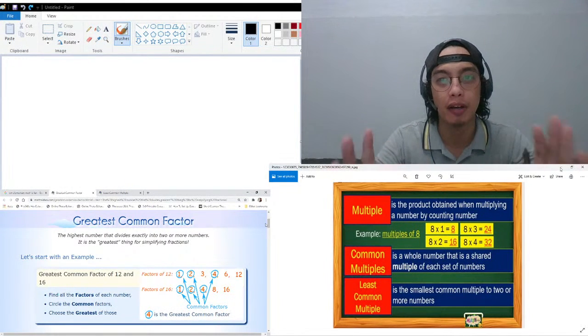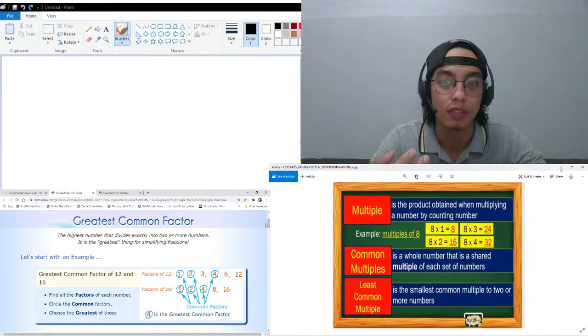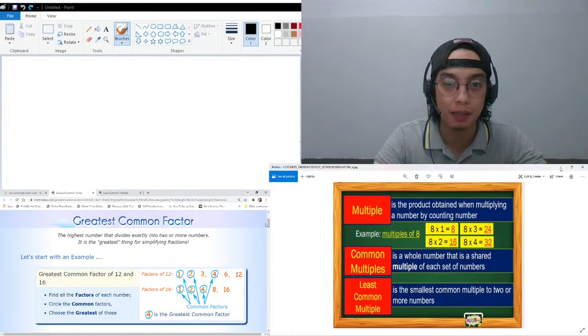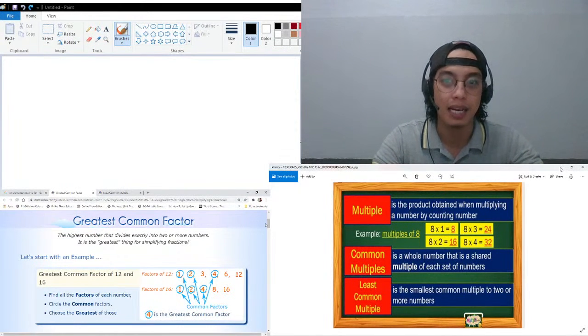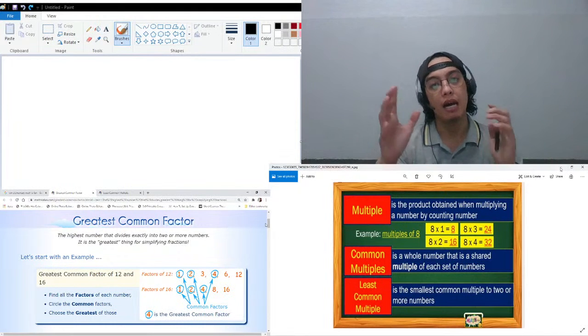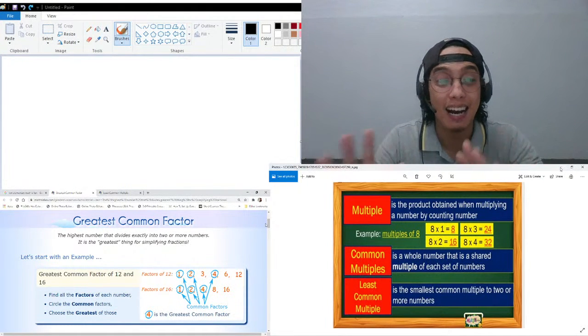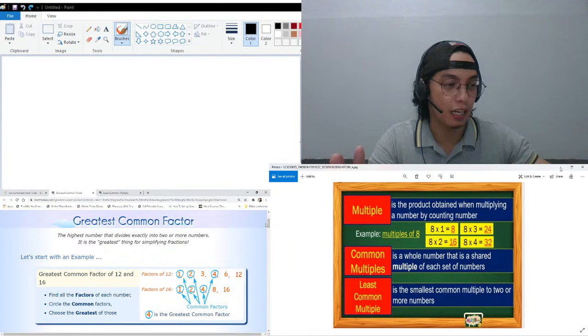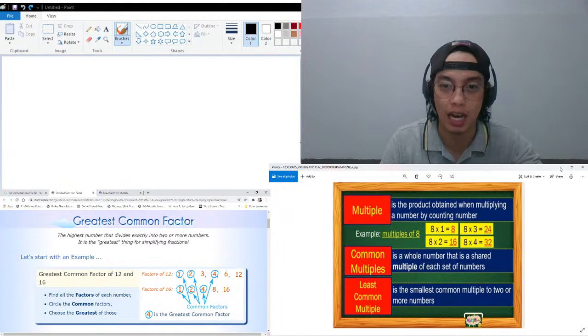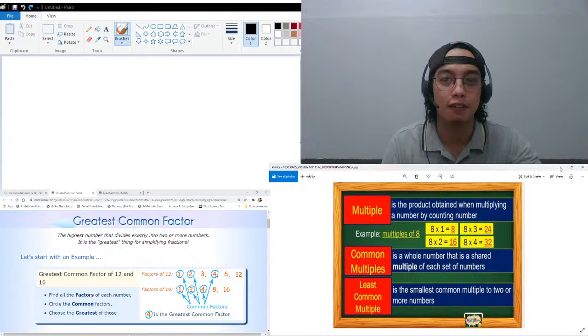So of course kung nakay duwa ka numbers, pwede mo siya ma-divide bisag sa unsa na number. And dapat pareho silang duwa. Now, unsay kinadak-an nila na pwede natong ma-divide. Muna ang greatest common factor.